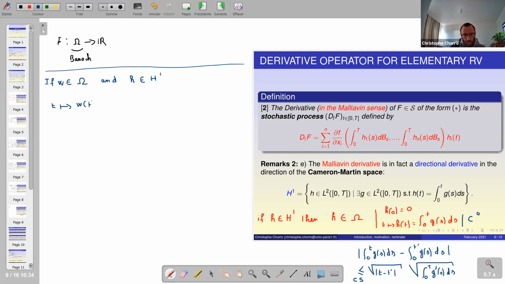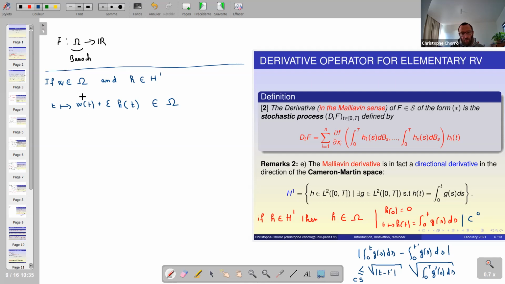t gives w(t) plus epsilon h(t), epsilon being a small real number, I have something here that belongs to Omega.